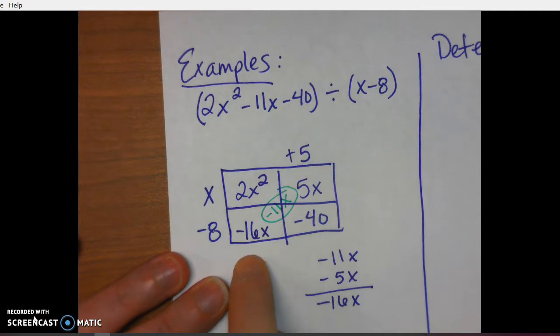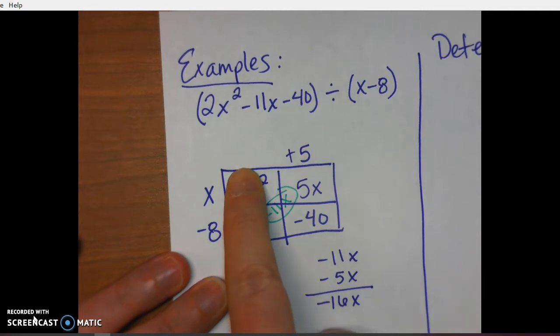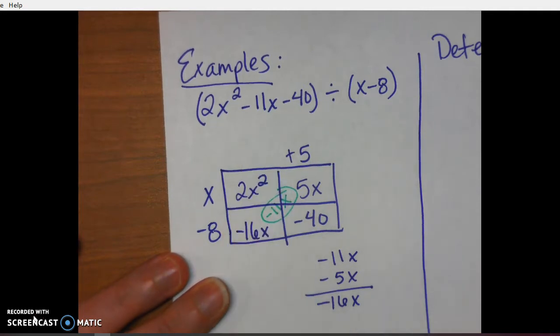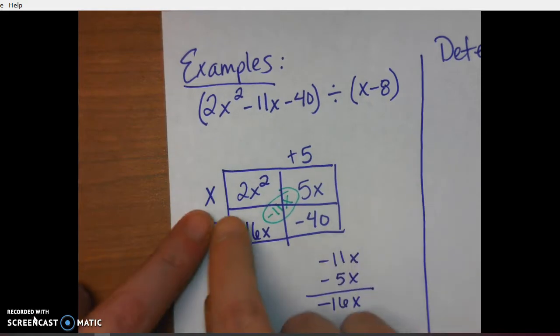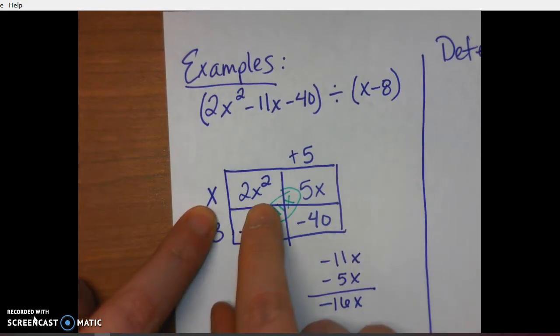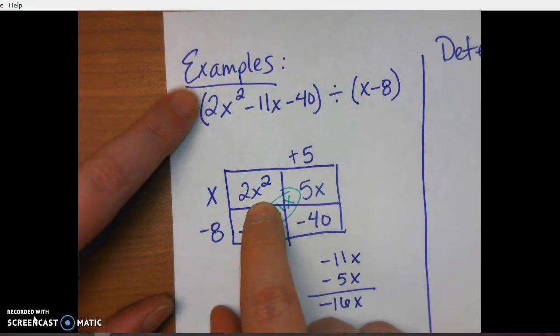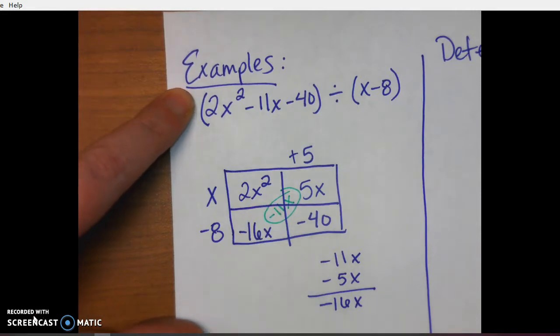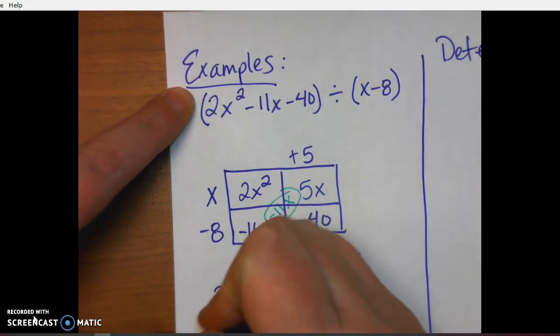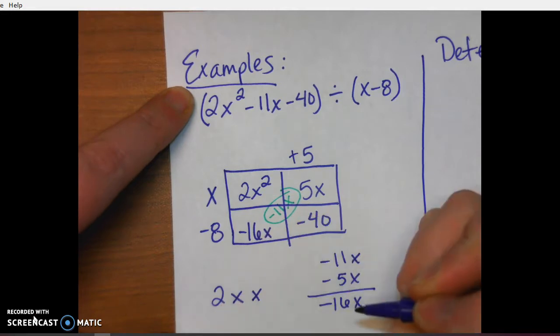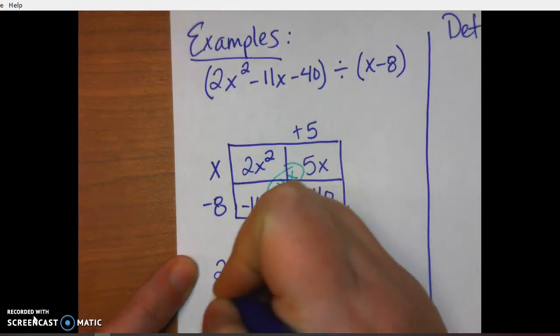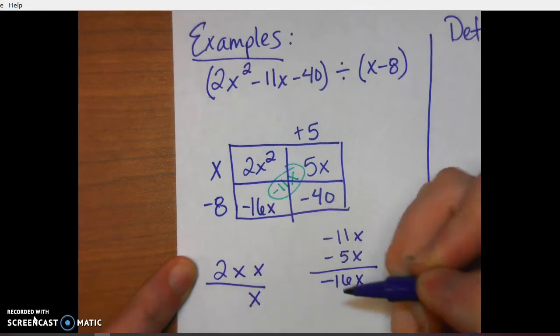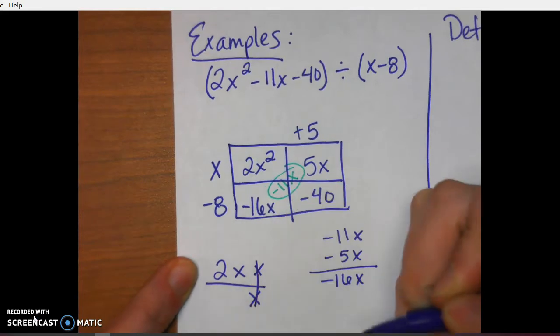Now let's see if this number here makes sense with what my number up here should be. So I've got x and this 2x squared term, which came from the problem. And I know that that also looks like this. And if I'm going to divide by x, these will cancel out.